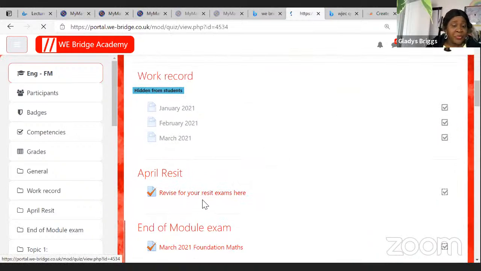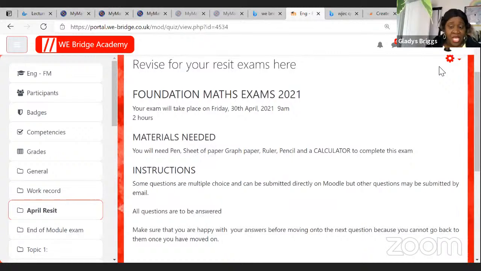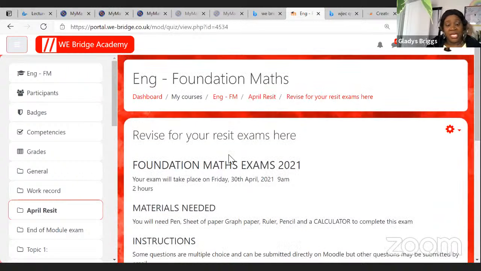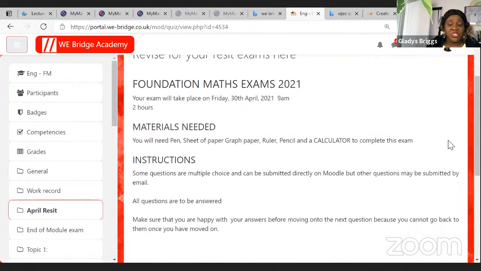Everything on there is what you need to revise for the exams. I'm not going to go over them with you again. Be on it every day. Make sure you have your calculator, your graph paper, everything. It's very similar to what we did before, but this time I've streamlined it so that everybody can, if you try your best, pass.